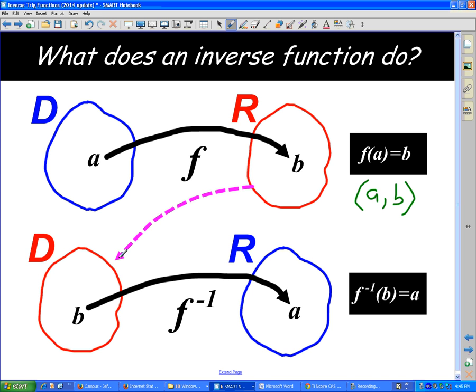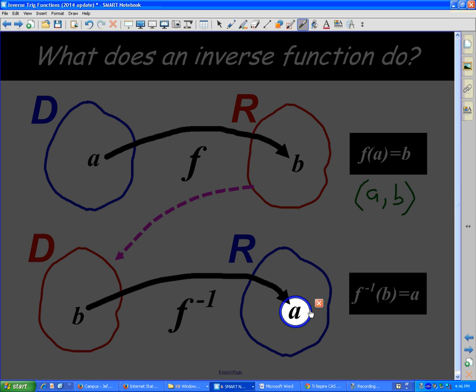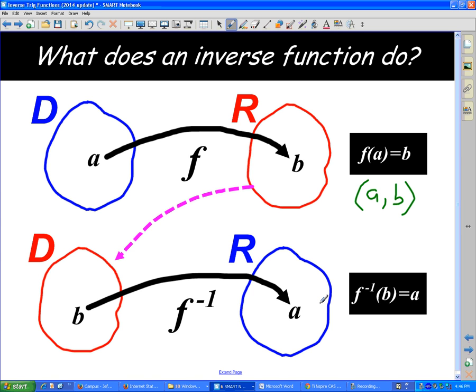We're calling it the domain now. It's the same little red set, but we're now putting those numbers into the inverse function, so it's called the domain, but it's the same exact numbers. And if the inverse function does its job correctly, we're going to get back the original element that we started with. It's going to turn the B back into A, so f inverse of B is equal to A, or this function will possess the point (B, A).